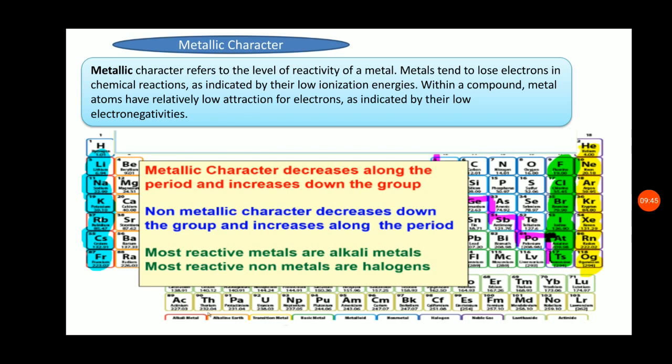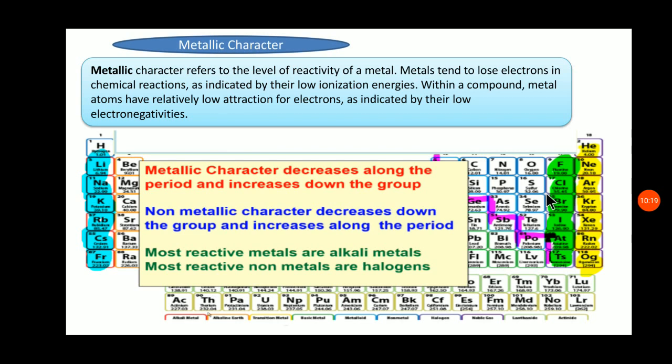Metallic character decreases along the period because from left to right, metal changes into non-metal. So the metallic character decreases along the period and increases down the group, because non-metal changes to metal.